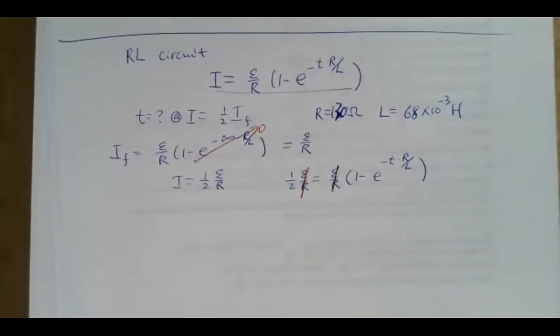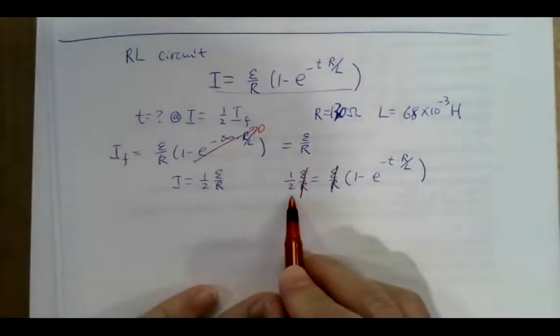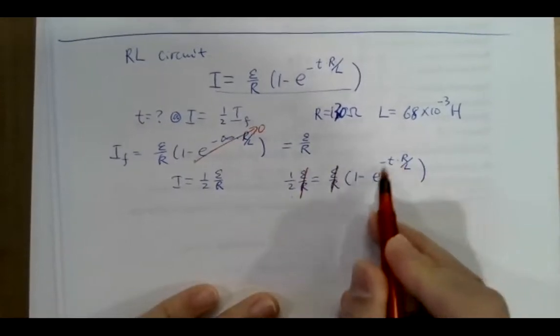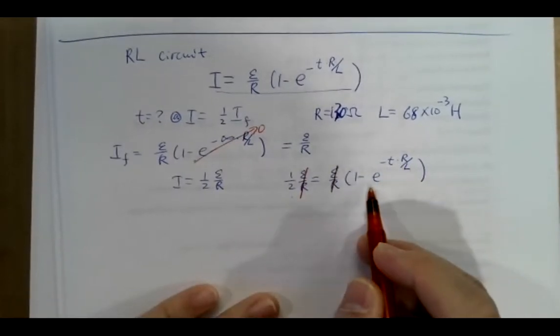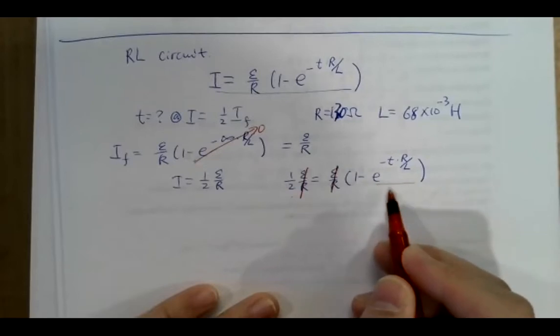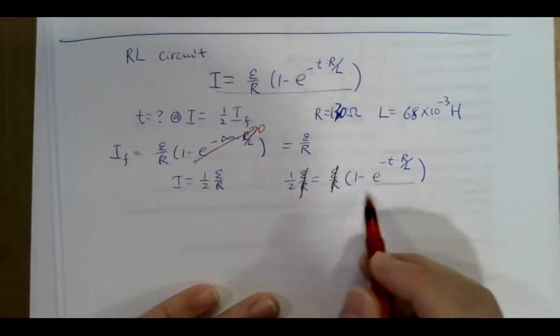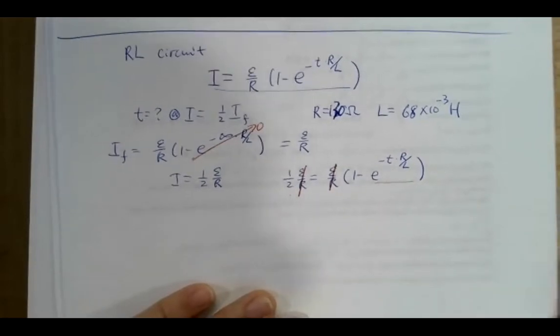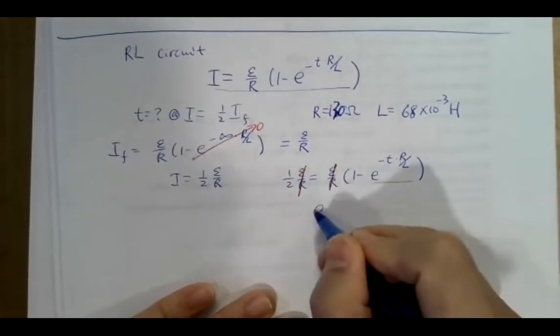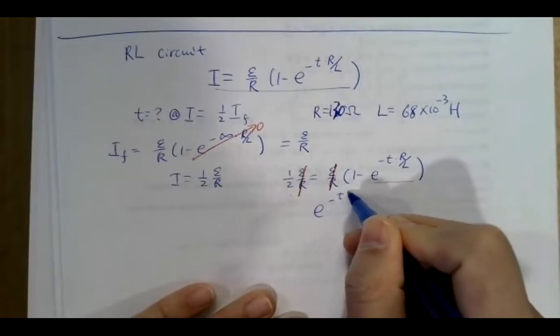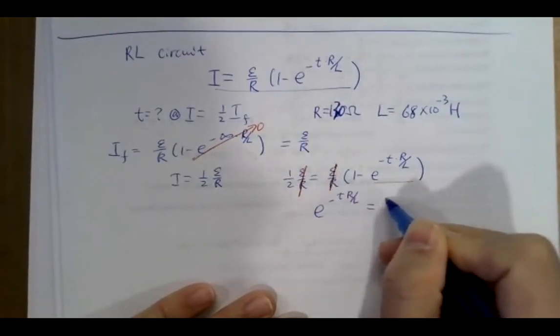Okay. So then you'll have 1/2 equal to 1 minus the exponential function here. That tells you the exponential function should be equal to 1/2, right? Because 1 minus that is equal to 1/2. So your exponential function is equal to 1/2.